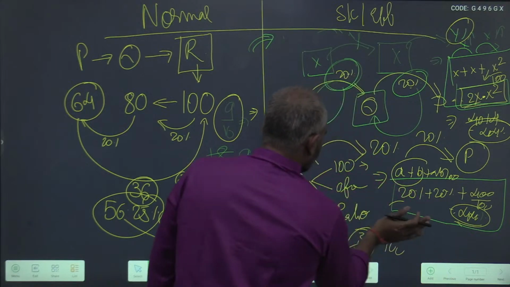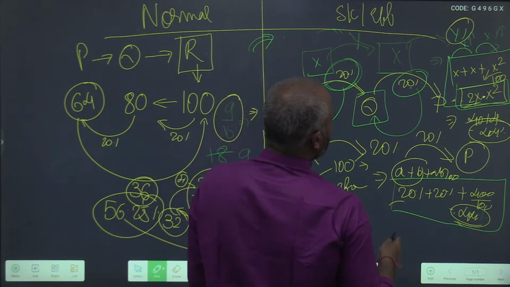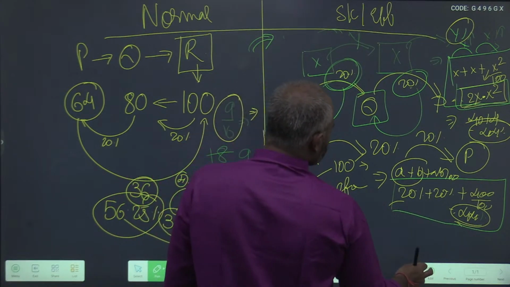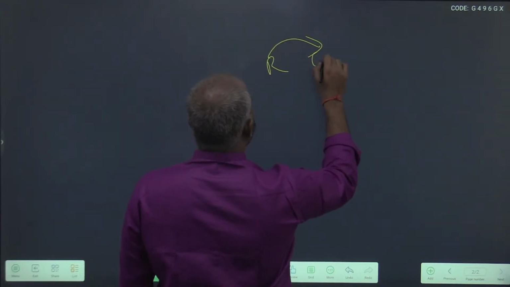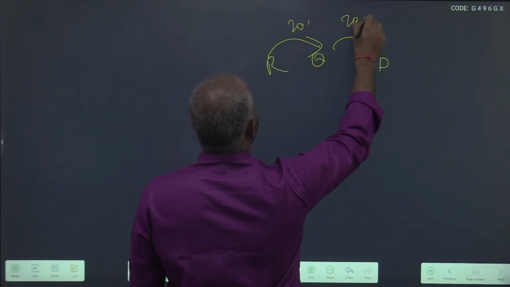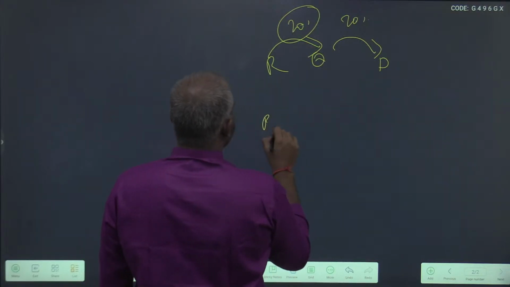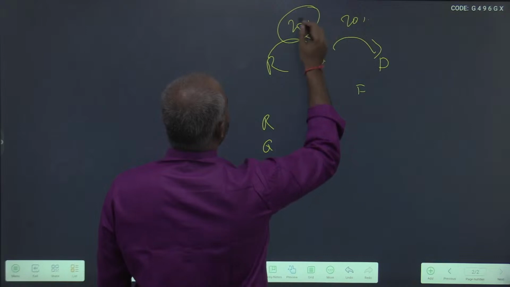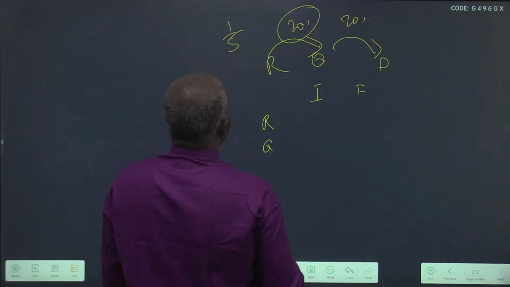Once this is done, let us solve the same thing by the ratio way. R, Q and P, 20%, 20%. This is how you do ratio: initial value, final value. 20% is 1 by 5.